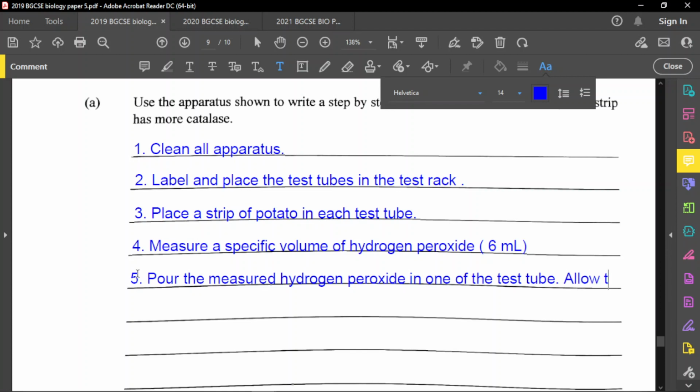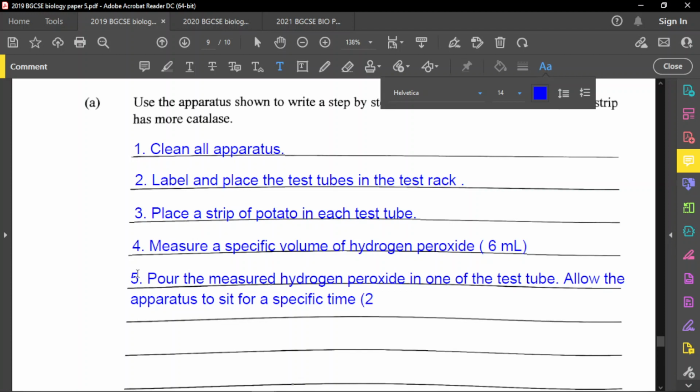Next, allow it to sit for a specific time. That makes sense. Allow the apparatus, which I'm talking about the test tube, to sit for a specific time. You can say, okay, for 20 seconds.